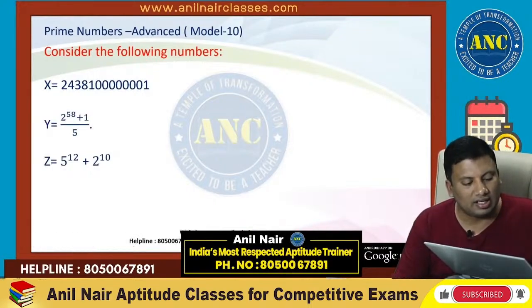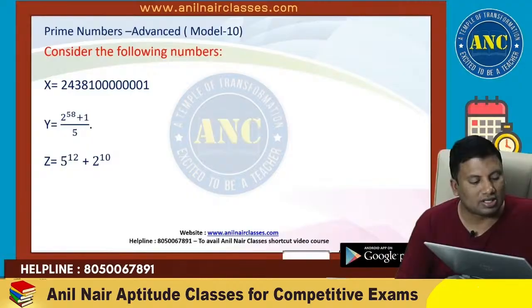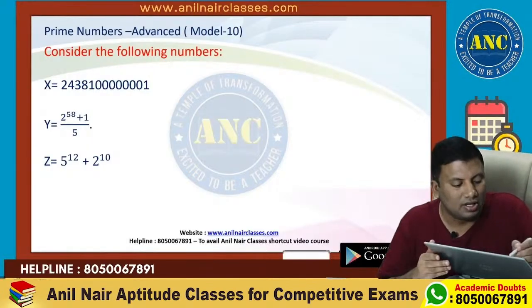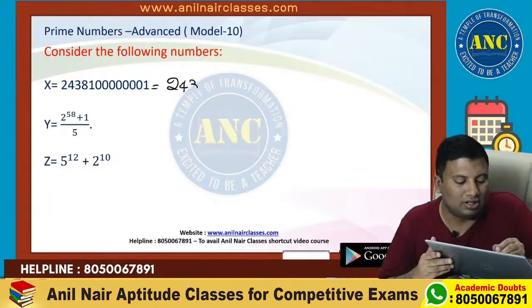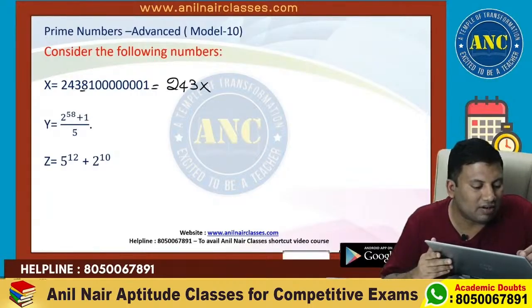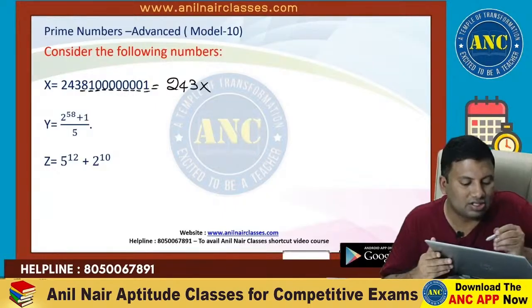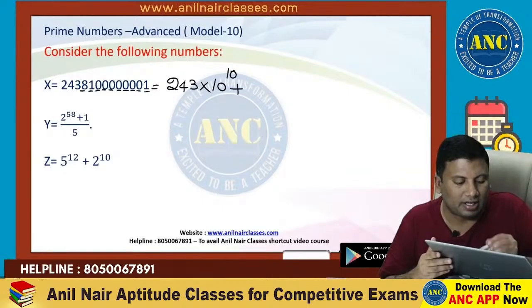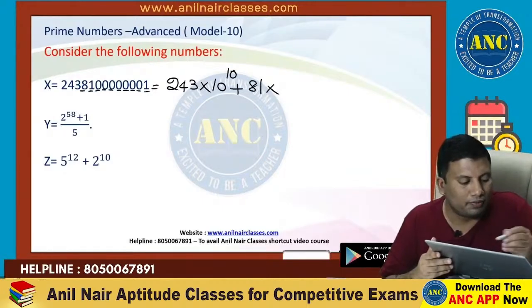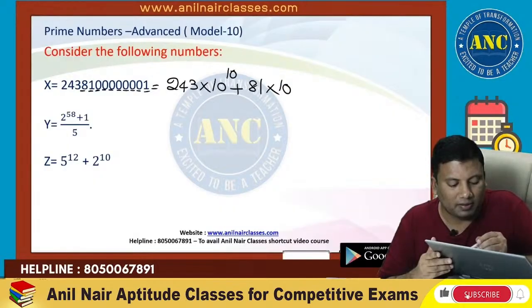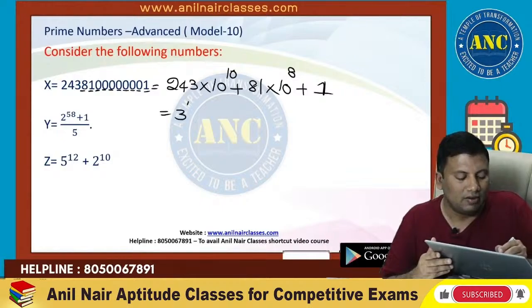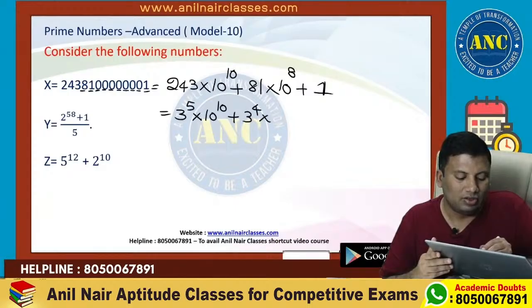Now see, consider the following numbers. Which of these numbers are prime or composite? This is nothing but 243 into 10^10 plus 81 into 10^8 plus 1. How many digits are there after 243? 1, 2, 3, 4, 5, 6, 7, 8, 9, 10. This is 3^5 into 10^10 plus 3^4 into 10^8 plus 1.